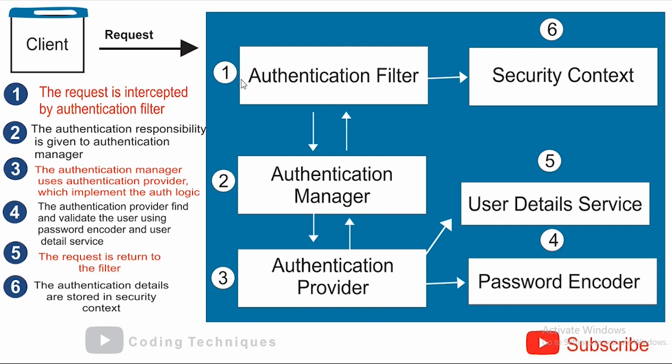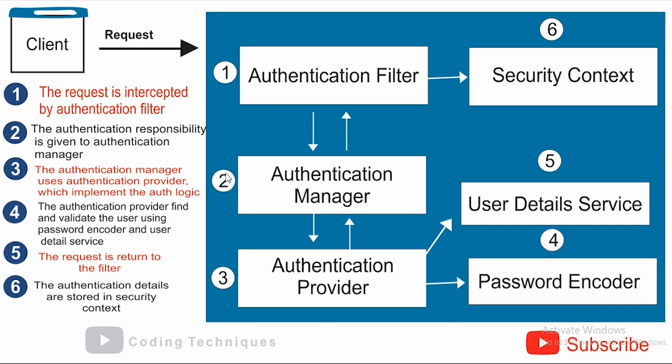In this step 1, we have the authentication filter. The request made by the client is intercepted by the authentication filter. Then after the authentication filter intercepts the request, it will send it to the authentication manager, which is number 2 that we have here.